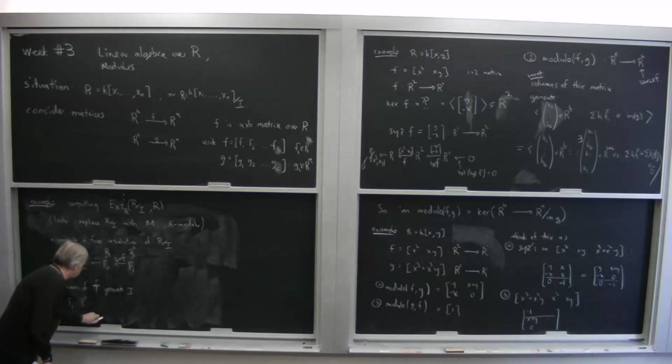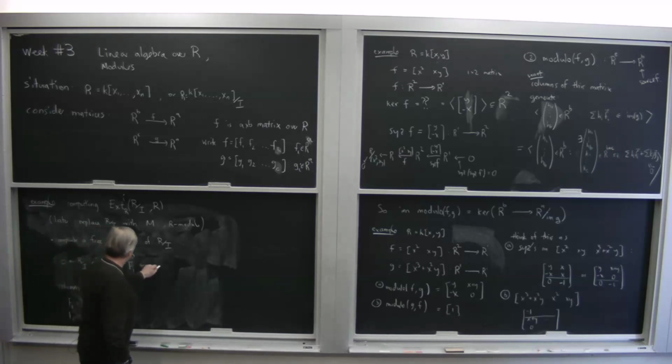A equals 1. Okay. So anyway, the columns generate, and now what do we do?